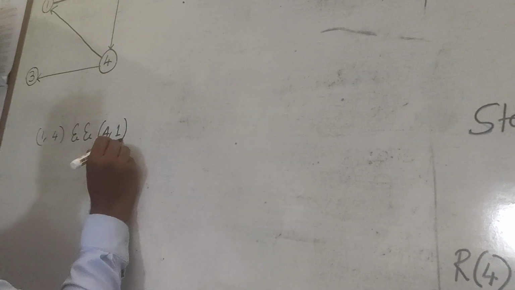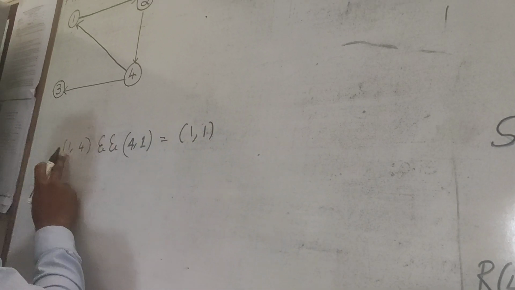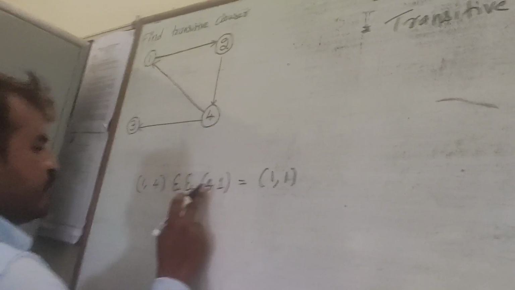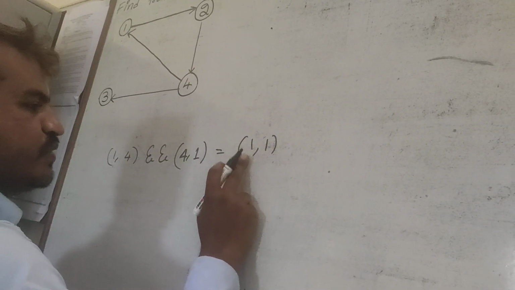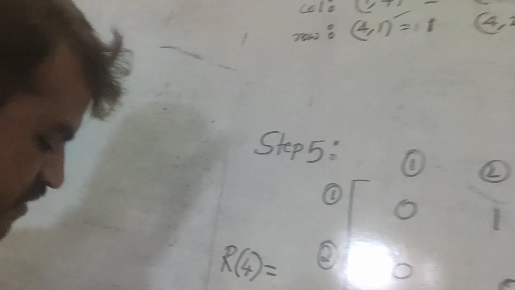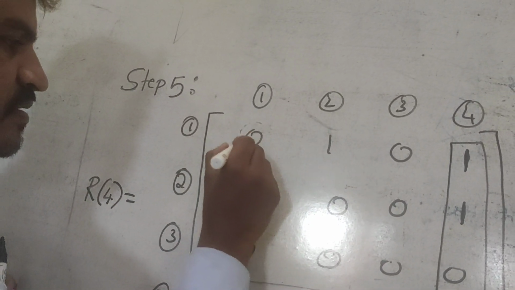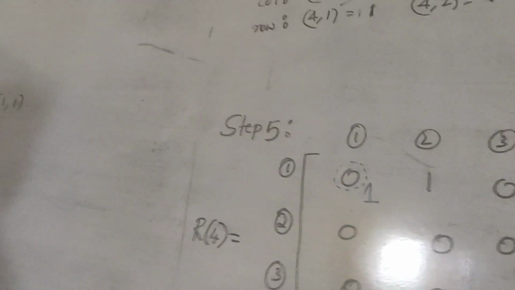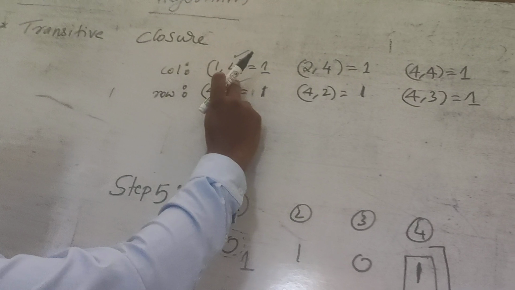So 1 to 4, 4 to 1, then we can say there is a path existing 1 to 1. What is 1 to 1? 1 to 1 is 0. You make it 1. That's that one. Next combination.